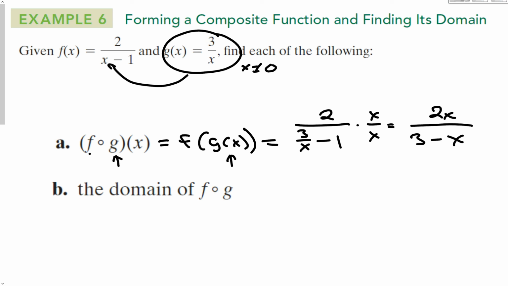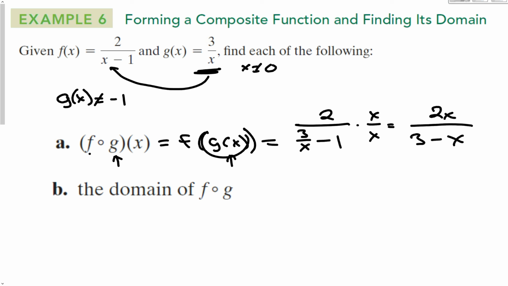Then I want to find anything else that is going to make this g of x, this function, make that one undefined. Because remember, we're putting the g into f. So I basically want g of x not to be equal to negative 1.